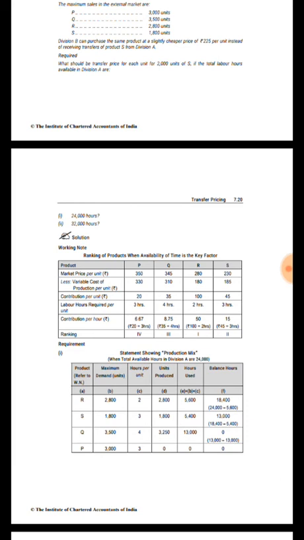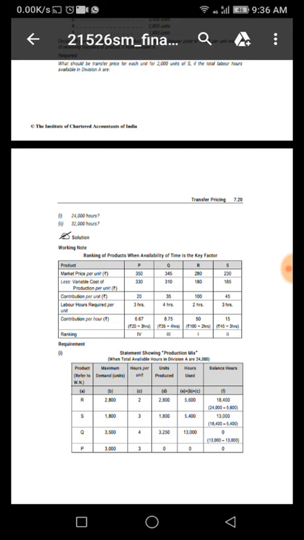Actually, you can make this table on your own. Maximum demand, multiplied by hours per unit. Total hours used: 2,800 into 2, 5,600. 1,800 into 3, 5,400.